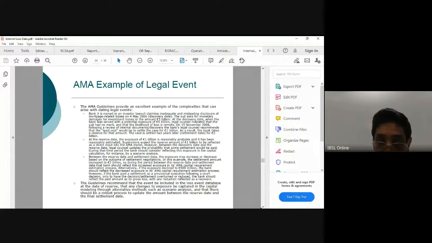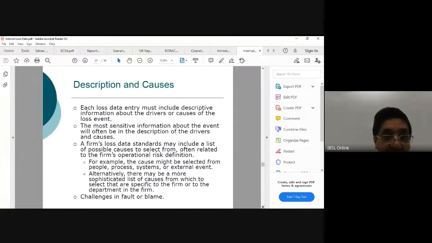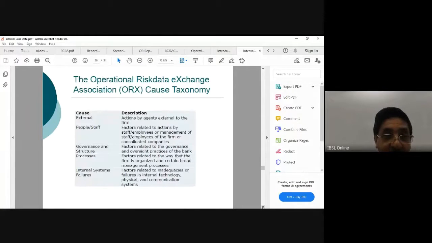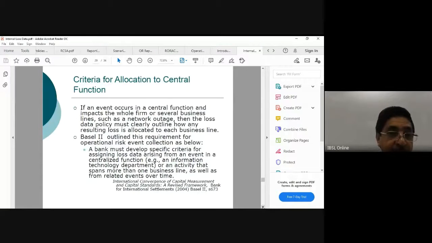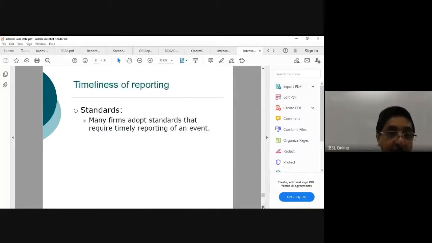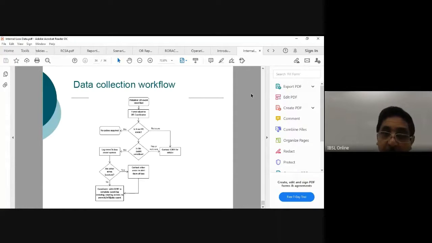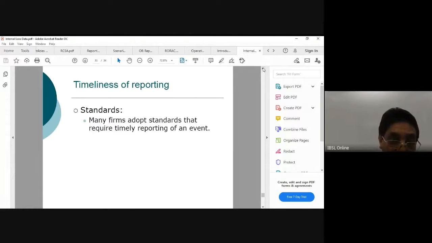Now, what I want to show you is there's a small matrix where you can see how the things are being reported, a very simple account of these things.